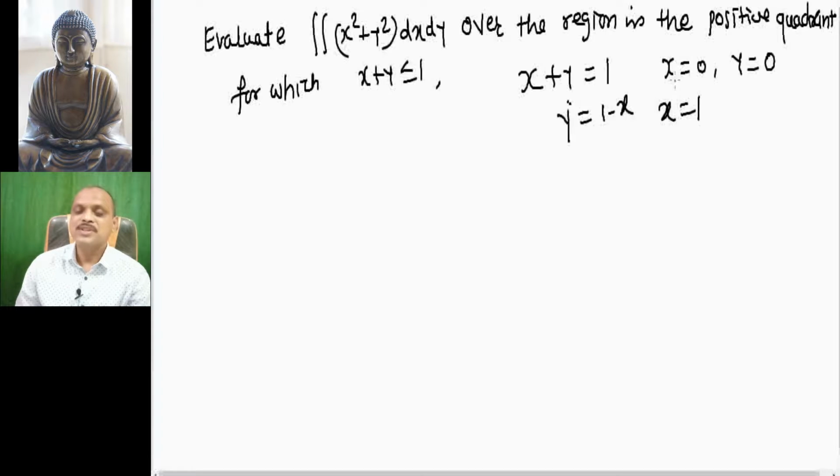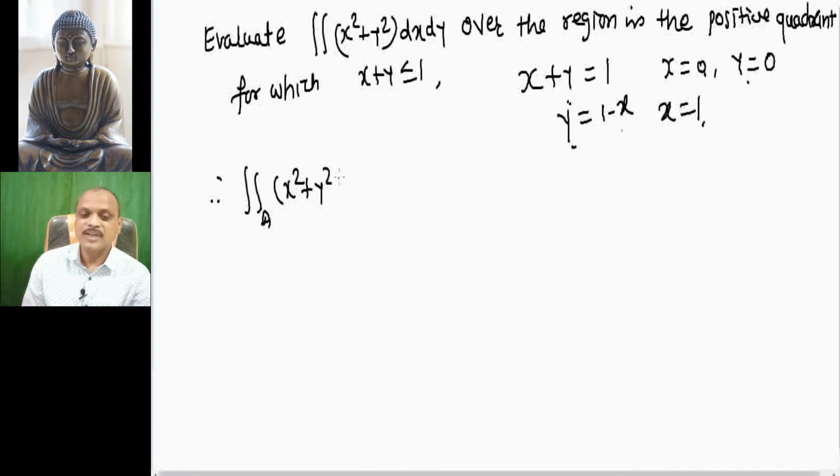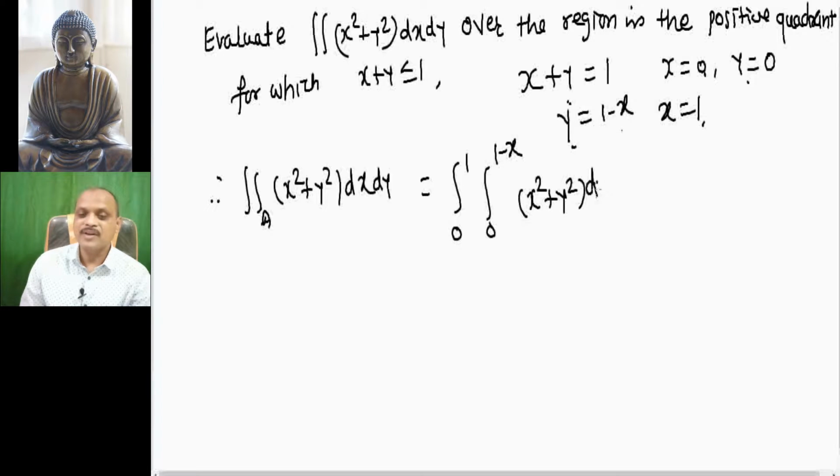Therefore the bounds of this integration are x equal to 0 to x equal to 1, and y equal to 0 to y equal to 1 minus x. Therefore the double integral over the region of x square plus y square dx dy equals integration 0 to 1, integration 0 to 1 minus x, of x square plus y square dy dx.